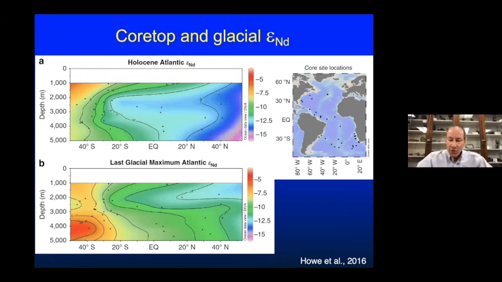It's also true in the case of neodymium isotopes, which have nothing to do with biological cycling, but are just incorporated in seawater in different isotopic ratios depending on where the waters meet the continent. So all of these lines of evidence converge on a much more stratified Atlantic.